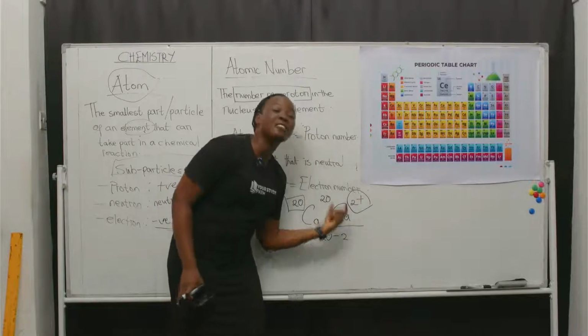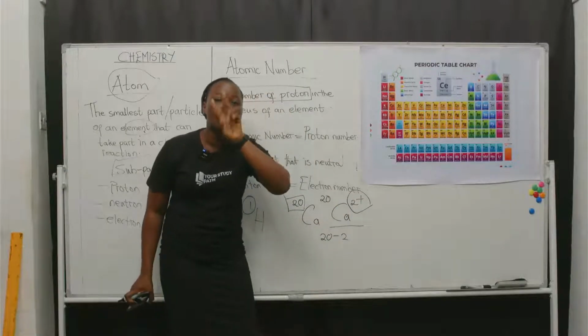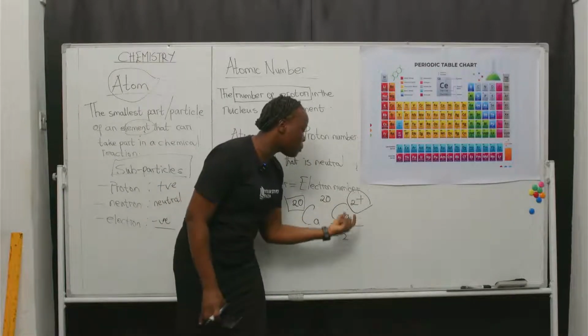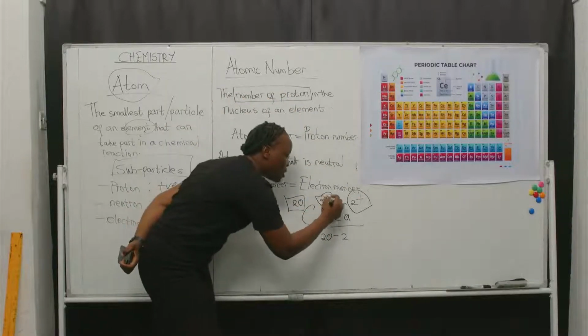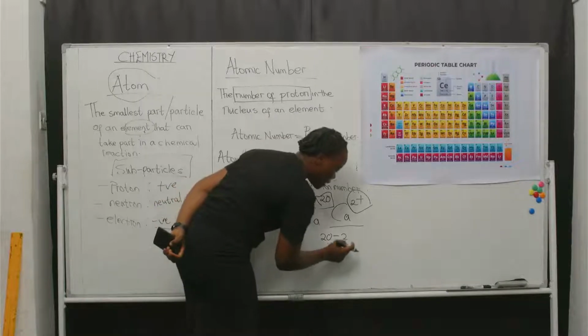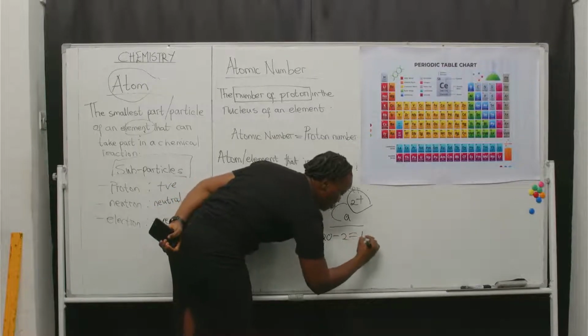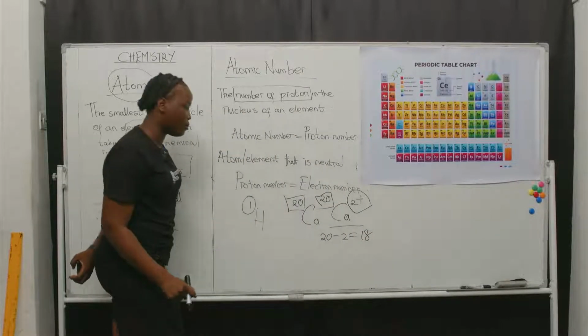This plus 2 signifies that it has lost 2 electrons. And since 2 electrons are missing, we'd have to deduct that from this value. That means 20 minus 2, which will give you 18.